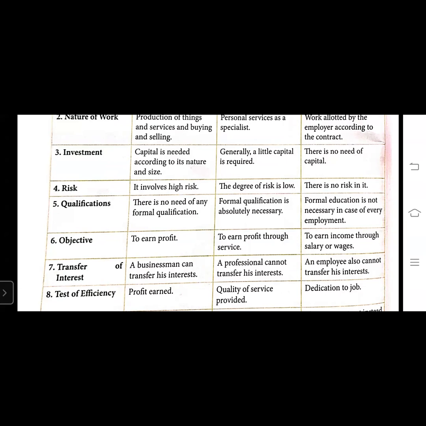Transfer of interest: a businessman can transfer his interest; he can sell his business to anybody, any relative, any person. A professional cannot transfer his interest. If a doctor wants to transfer his shop or clinic to anyone, he can't.